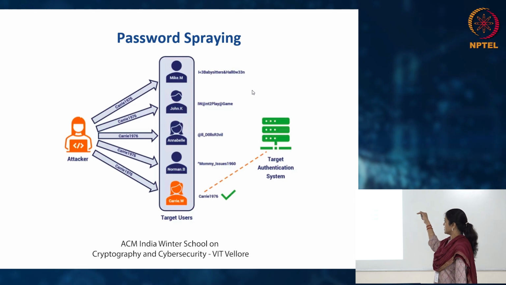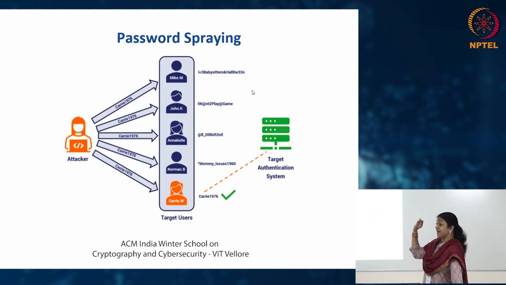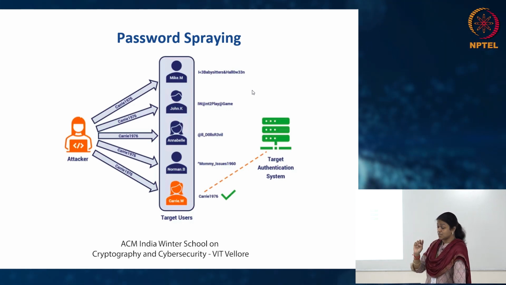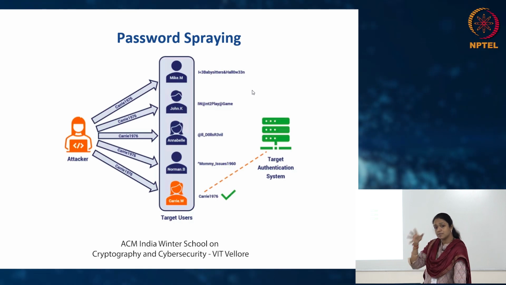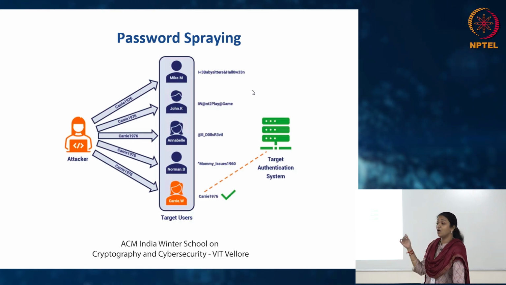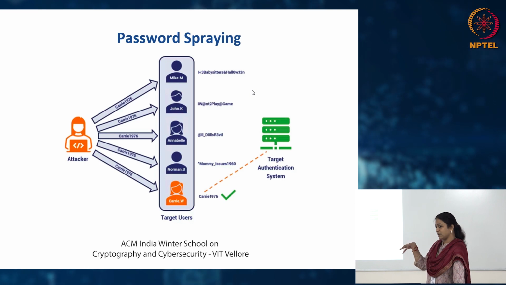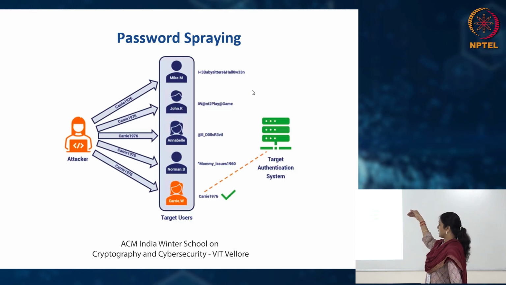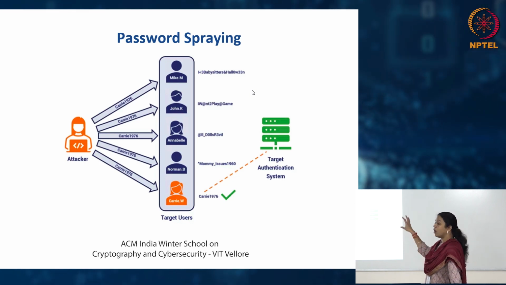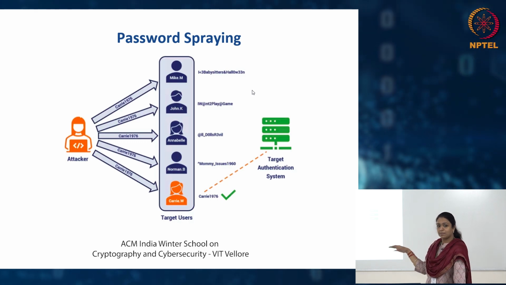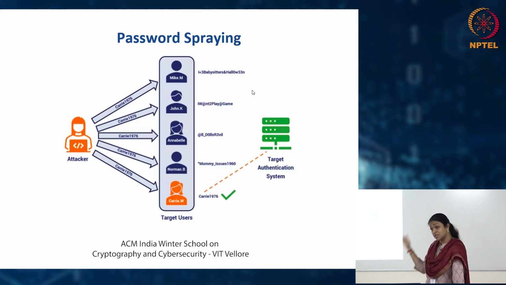So he knows that this is the password. Now it is not the same person. In the previous case, it was one single person with multiple accounts targeted. Now he knows some combination and some name, there is a common term among these people, maybe relatives' names, friends' names, or his own name.